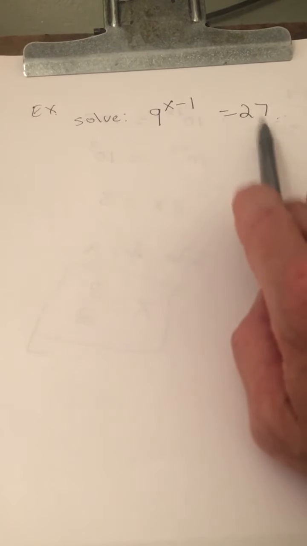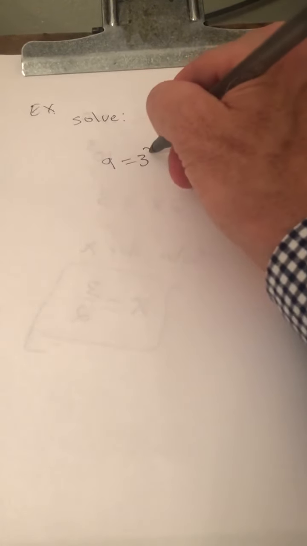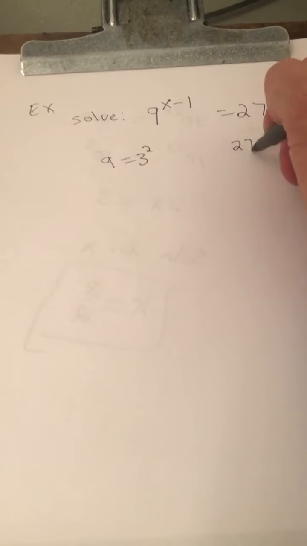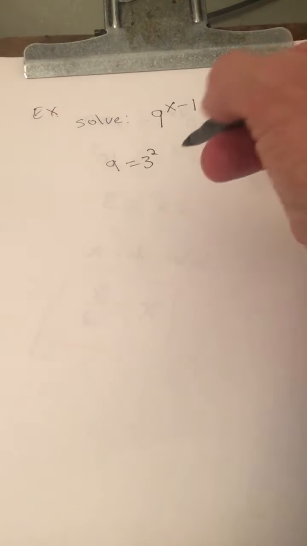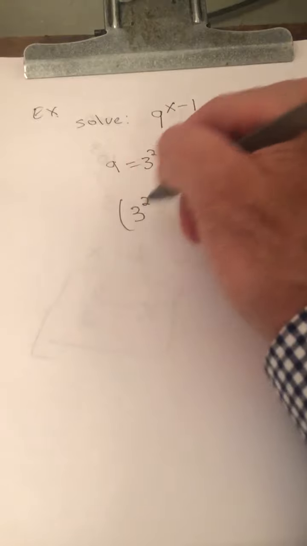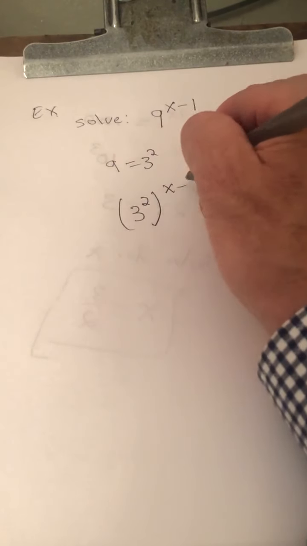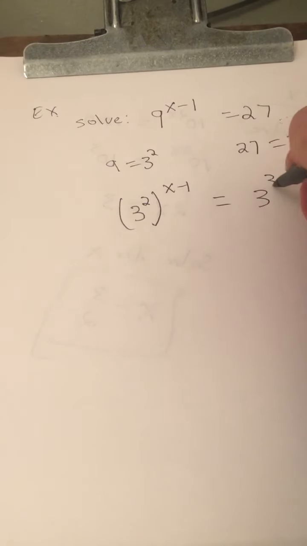And I think we should use a base 3. Isn't 9 the same thing as 3 squared? And isn't 27 the same thing as 3 cubed? So what I'm going to do is rewrite 9 as 3 squared. So what I have now is 3 squared to the x minus 1 equals 3 cubed.